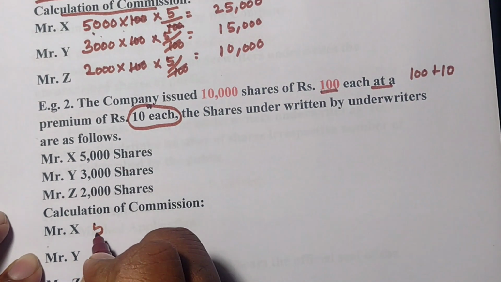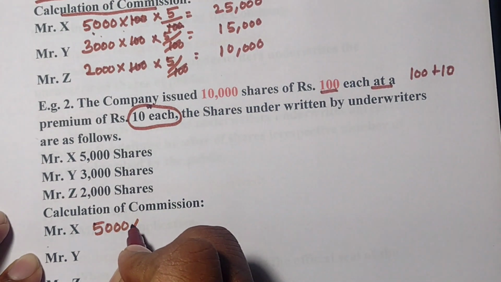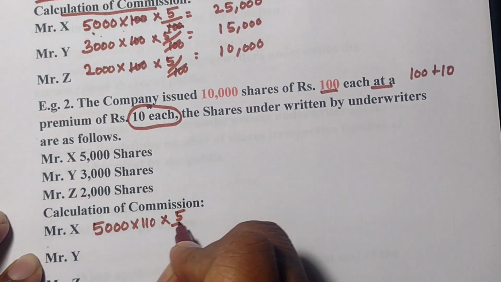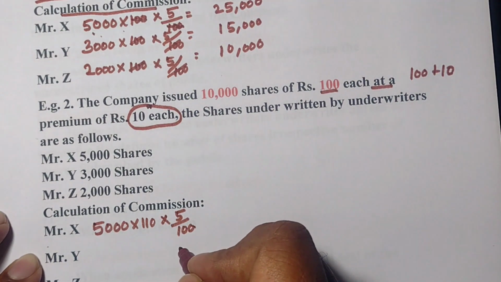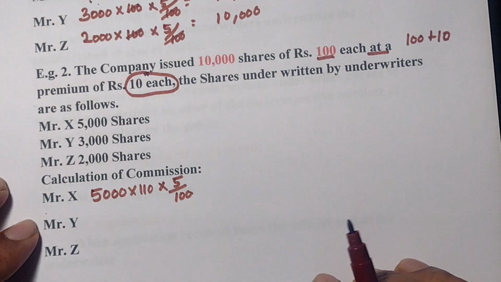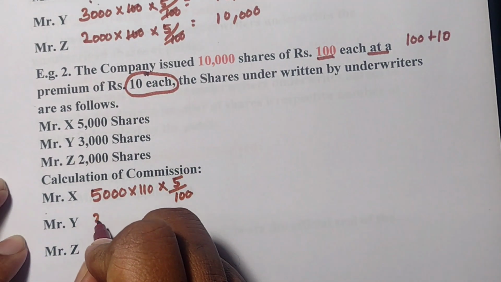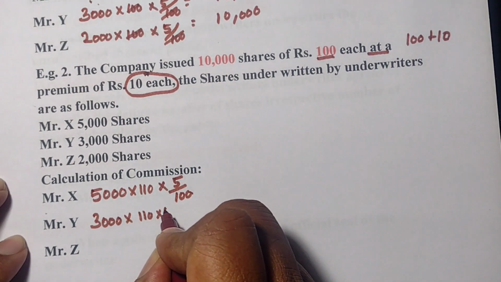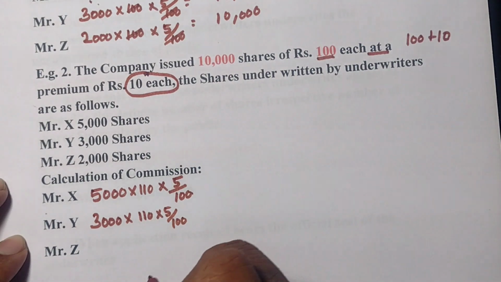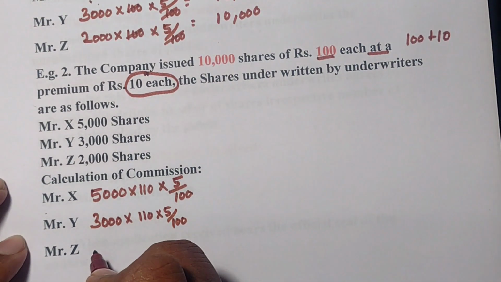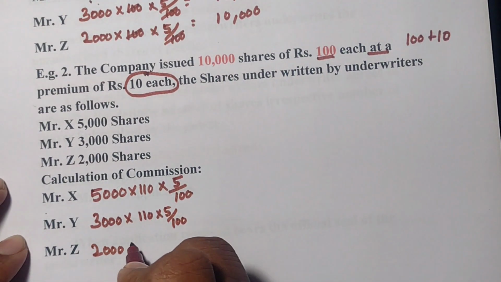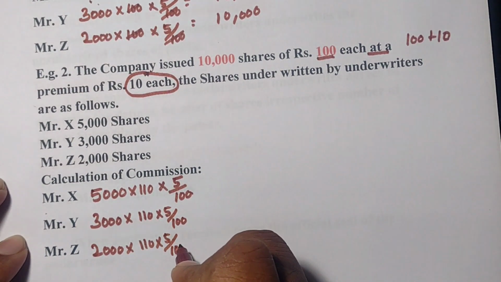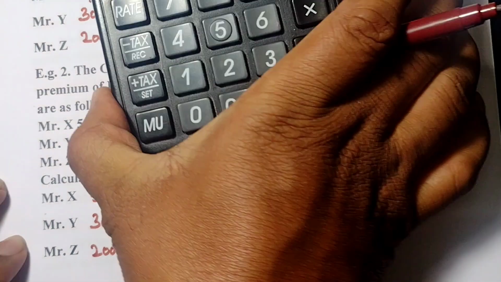For the first person, 5,000 into 110 into 5 divided by 100. For the second person, 3,000 into 110 into 5 by 100. And for the third person, 2,000 into 110 into 5 by 100.